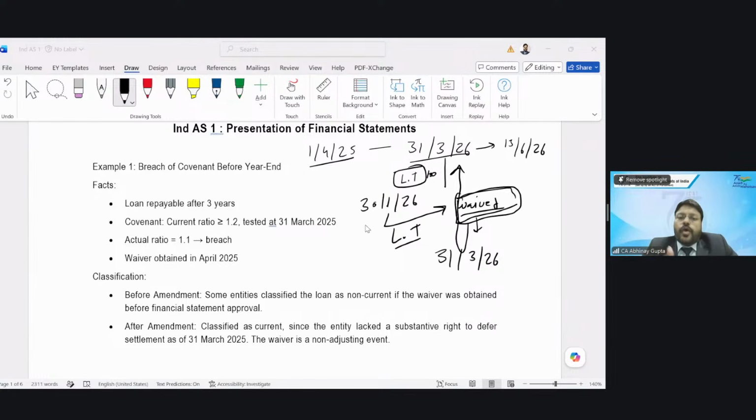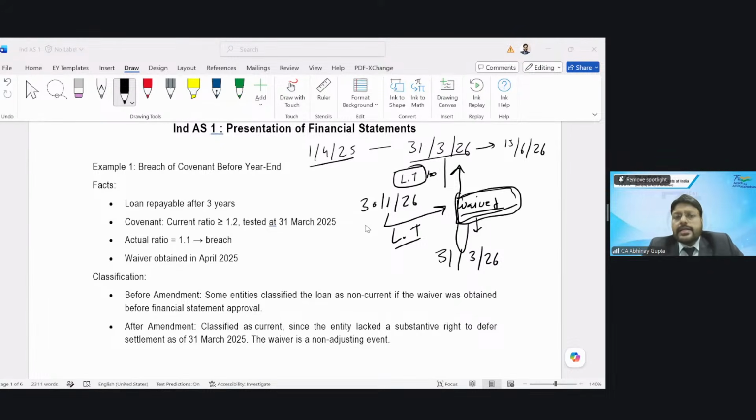Now, why was Ind AS 1 allowing the extended period earlier, and what has changed now? The corresponding standard is IFRS, from which we have converged, right? So IFRS always said that the waiver letter has to be obtained on or before the reporting date, or the year end.